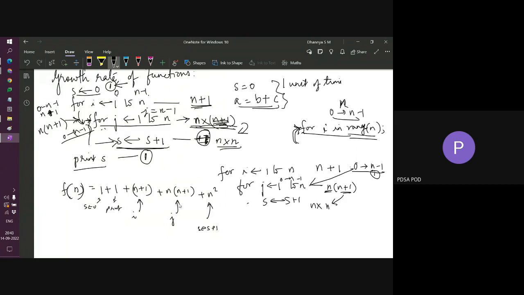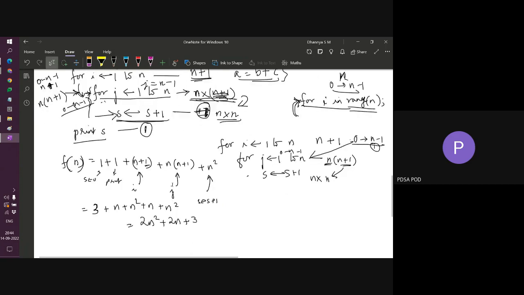Correct, no? So this is equal to 2 plus, adding this also, you get 3 plus n squared plus n squared. So this is equal to 2n squared plus 2n plus 3.